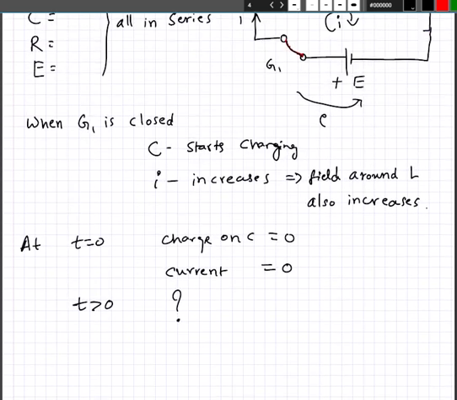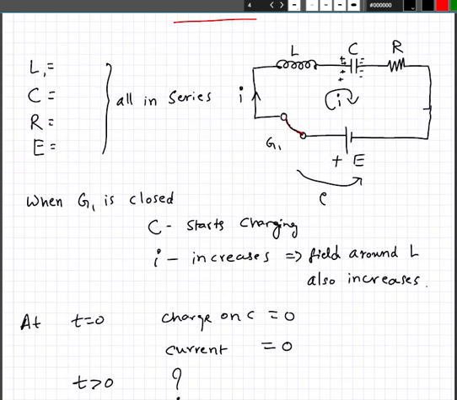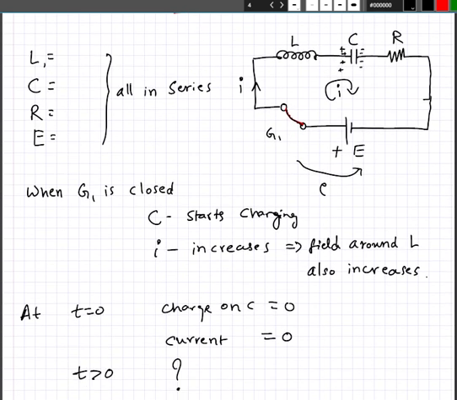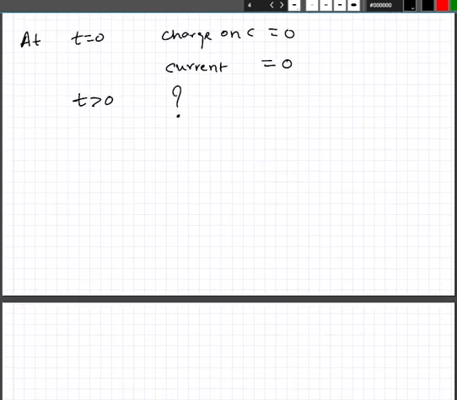Okay, that should be enough. So we are going to apply Kirchhoff's voltage law first. So when you apply Kirchhoff's voltage law, or Kirchhoff's loop rule, some people say something like that.